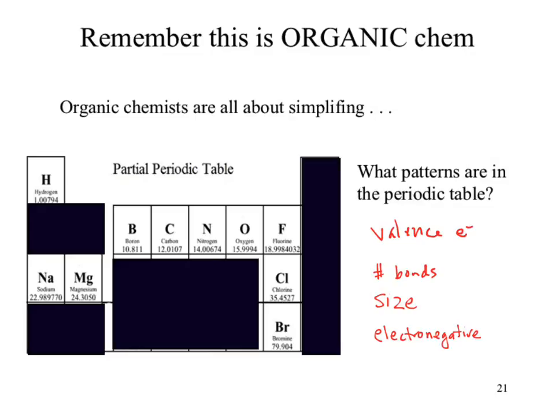Charge is a bad thing to memorize. Ignore that. We won't worry about that as far as the memorization goes. We'll have to worry about calculating it, but that's not going to be something given to us off the periodic table. Phase. Might also memorize that. Not useful. Those are going to be the big ones that we need to nail down.